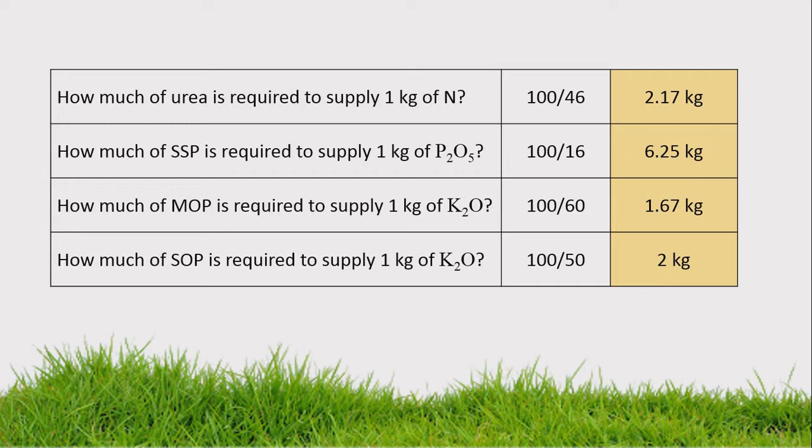In the same way, 6.25 kg of SSP can supply 1 kg of P2O5, and 1.67 kg of MOP can supply 1 kg of K2O. Similarly, 2 kg of sulfate of potash can supply 1 kg of K2O.